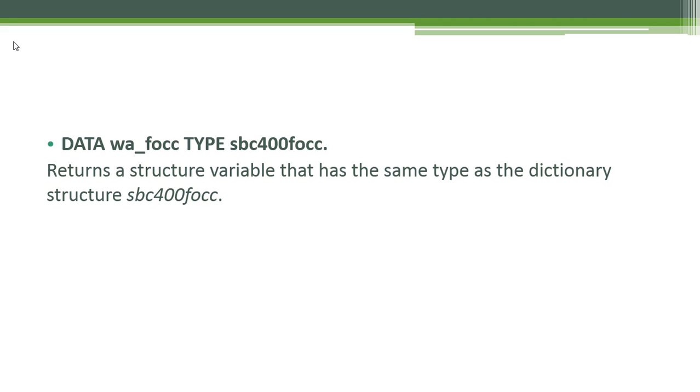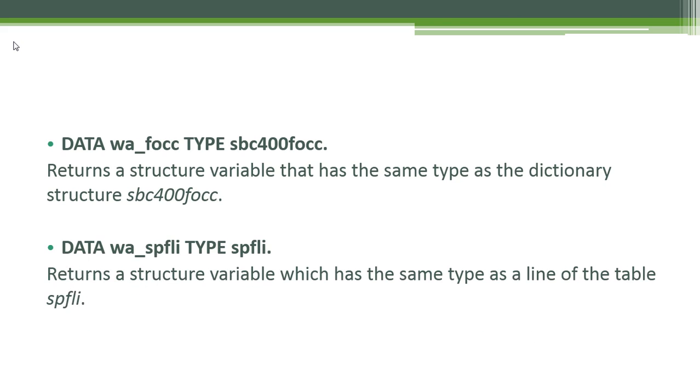It returns a structure variable that has the same type as the dictionary structure mentioned below. And finally, the variable wa_spfli type spfli returns a structure variable which has the same type as a line of the table spfli.